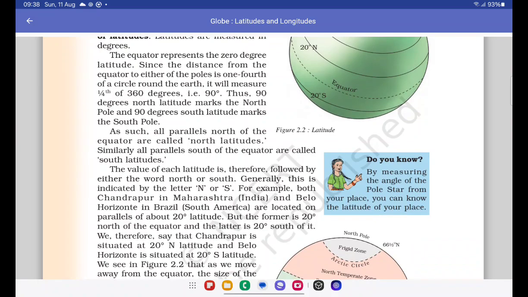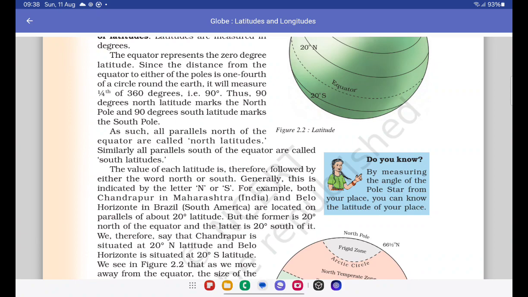The equator represents the 0 degree latitude since the distance from the equator to either of the poles is 1/4 of a circle round the earth. So if we take a circle around the earth and stop at the pole, we would only cover 1/4 of the earth's distance. So the angle would also be 1/4 of the earth's angle. That is 1/4 of 360 degrees, which is 90 degrees.